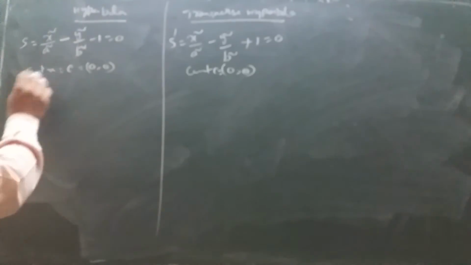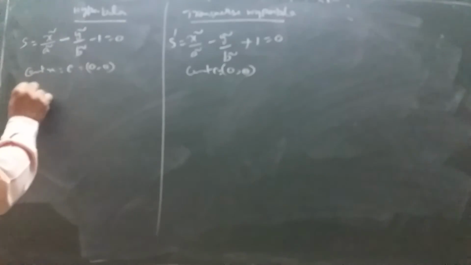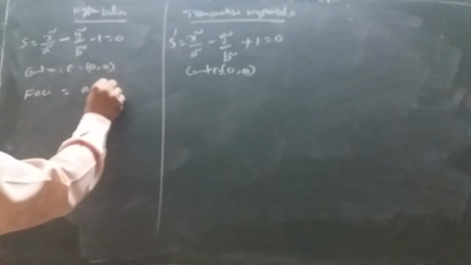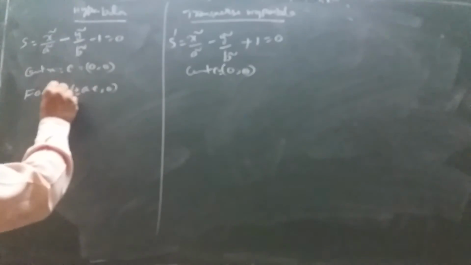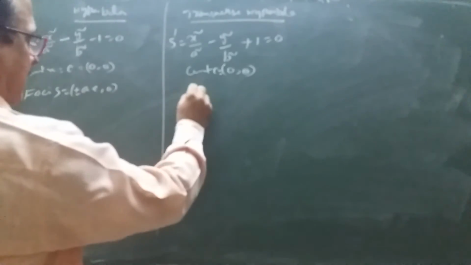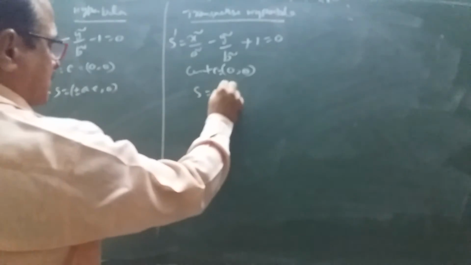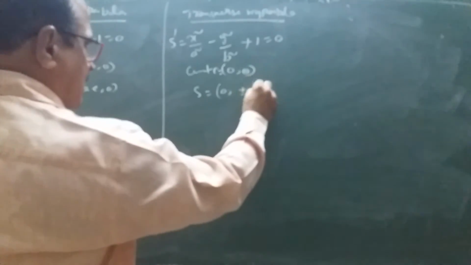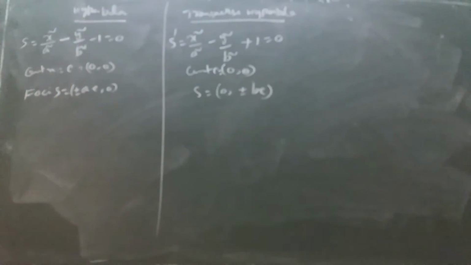So the foci may be plus or minus ae, 0. Here, in the conjugate hyperbola, the foci are 0, plus or minus be.